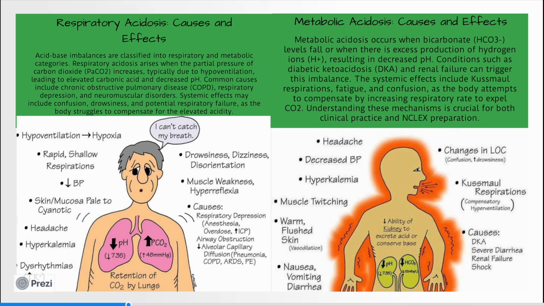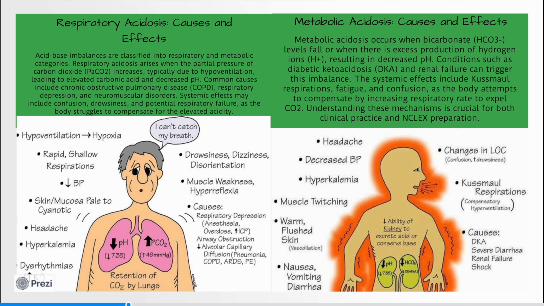Metabolic acidosis develops when HCO3 decreases or hydrogen increases, leading to low pH. Common causes include diabetic ketoacidosis, renal failure, severe diarrhea, or lactic acidosis. The body compensates with deep, rapid breathing to blow off CO2, carbon dioxide, out of the body to reduce the acidosis level.